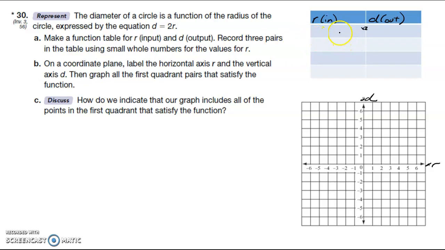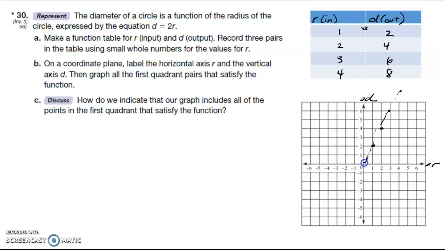So let's do radius 1, 2, 3, and 4, and we know we're going to have to multiply by 2, so the diameter is going to be 2, 4, 6, and 8. And then it says graph them. So let's see, (1, 2), (2, 4), (3, 6), (4, 8).